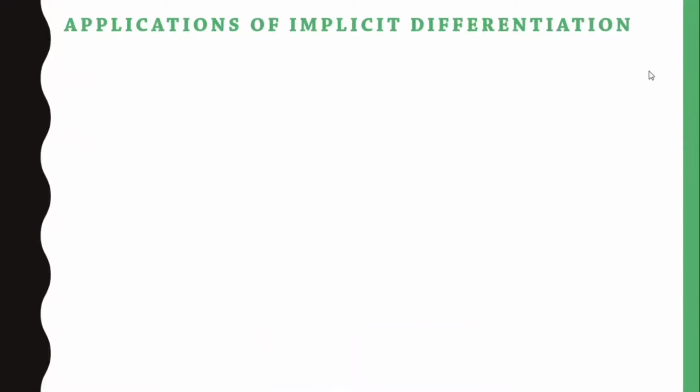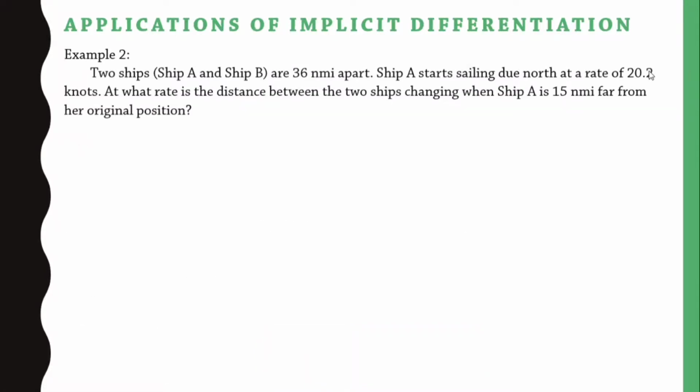Example number 2. Two ships, Ship A and Ship B, are 36 nautical miles apart. Ship A starts sailing due north at a rate of 20.2 knots. At what rate is the distance between the two ships changing when Ship A is 15 nautical miles afar from her original position?